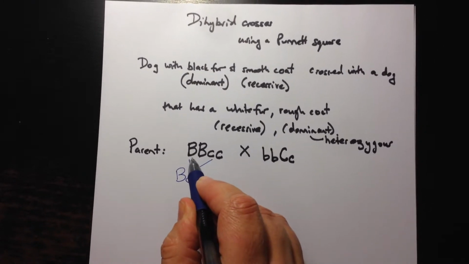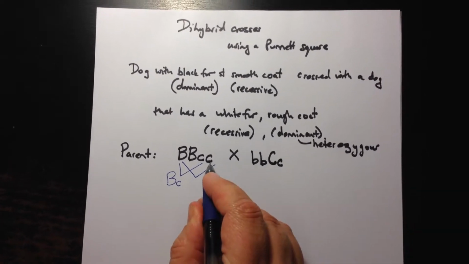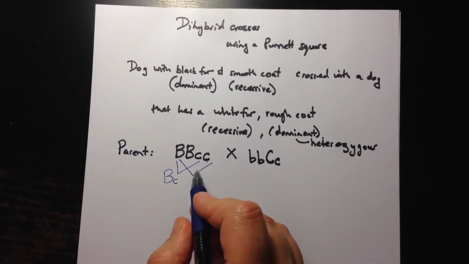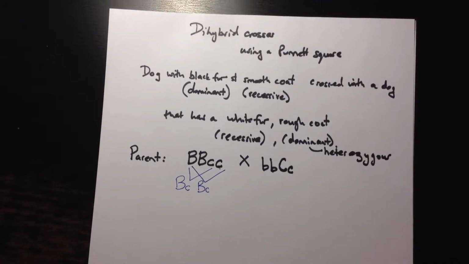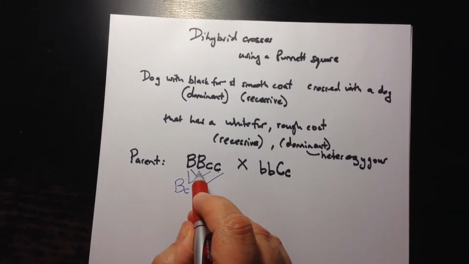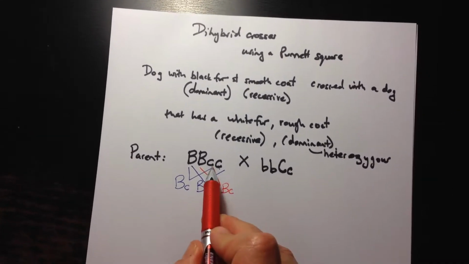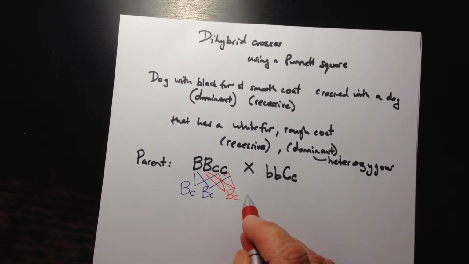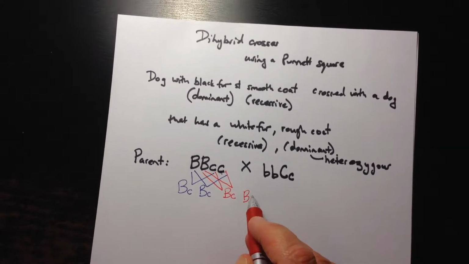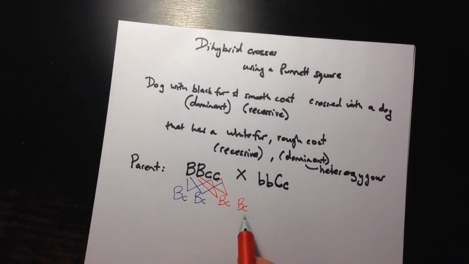Then you take that same big B and you cross it with the second of that genotype pair there, and you have another big B, little c. Let me take another color to show you. You take the second big B, combine it with that big C, and then you take this big B and that little c. So you'll see in this case, all the gametes are going to be the same.